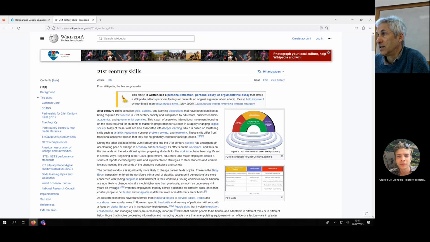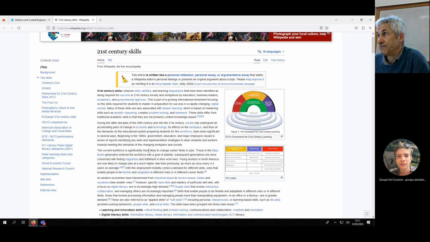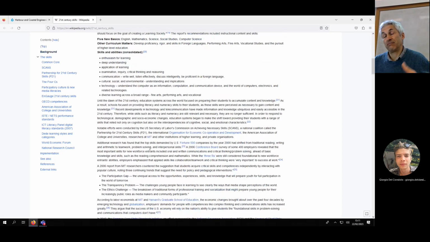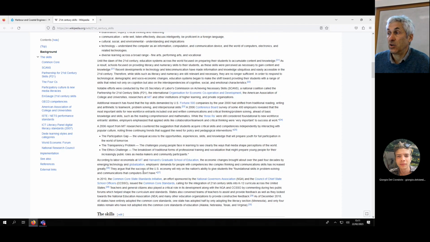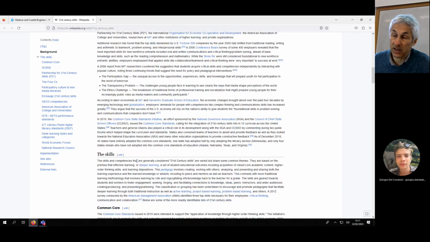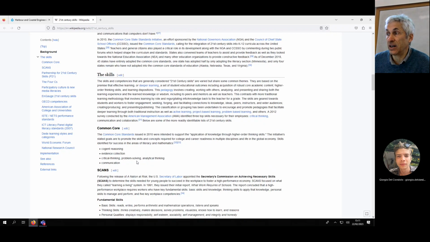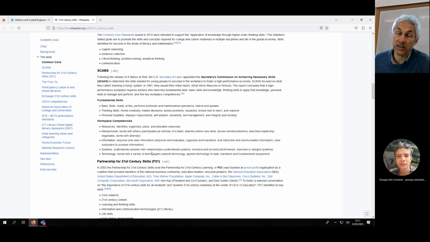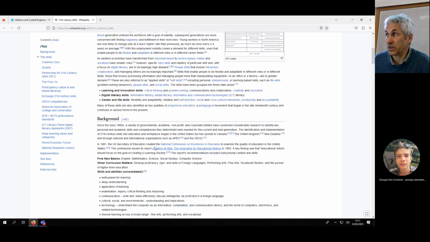And you see that there is a Wikipedia page, a full Wikipedia page that describes what the institutions and what the academia today think are the fundamental skills to be taught to the students.